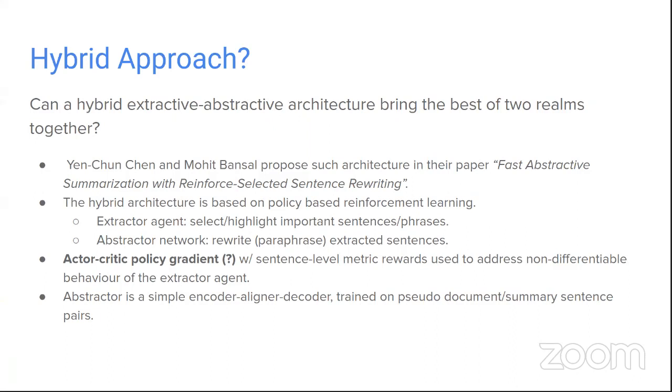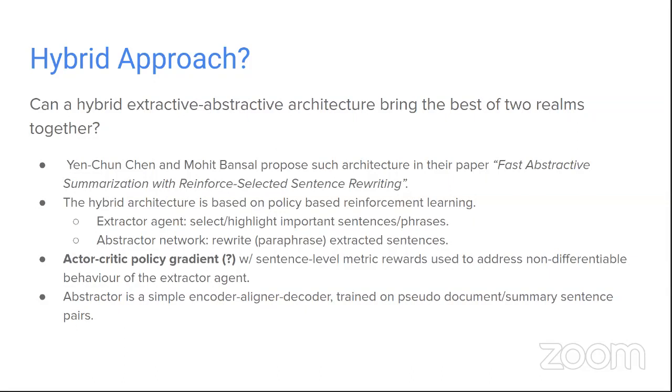It has two main parts, the extractor agent and the abstractor agent, where the extractor agent selects and highlights the important sentences, while the abstractor network rewrites them.